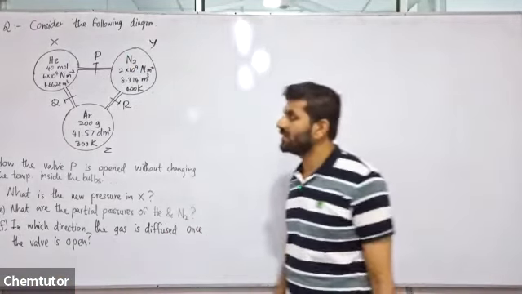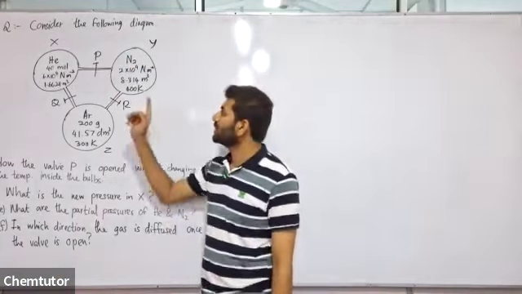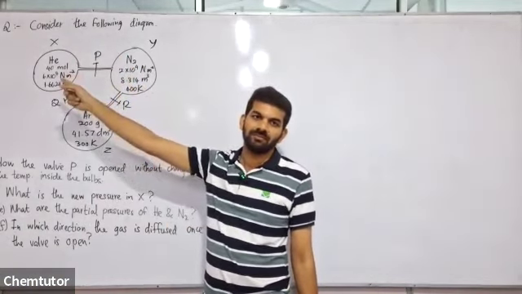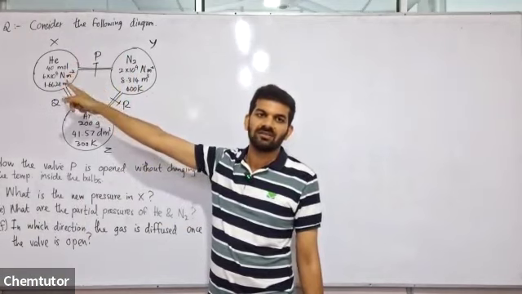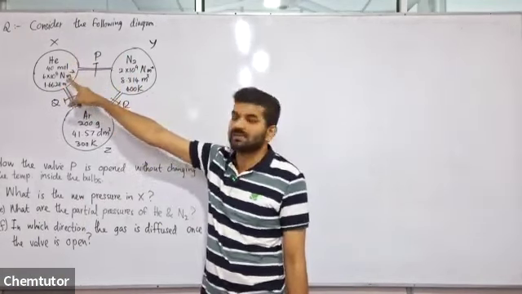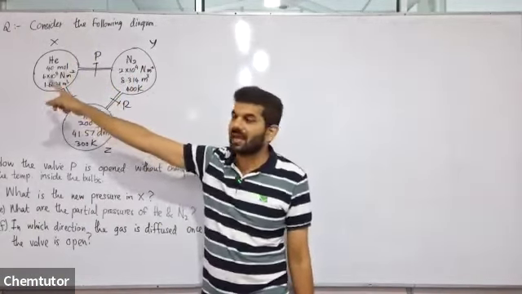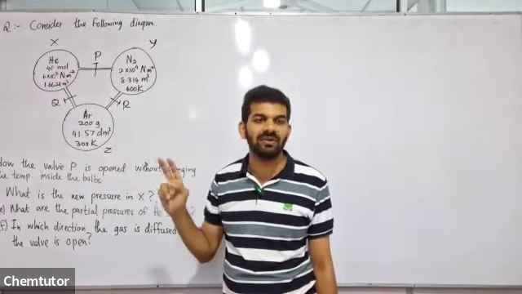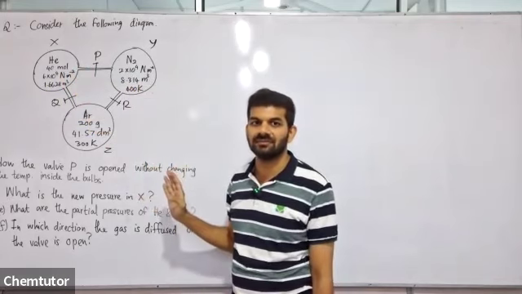So what is the high pressure over here? Here we have 2 into 10 to the power 4. Here we have 6 into 10 to the power 4. So where is the pressure higher? In X. So let's assume that the gas will be flowing from X to Y. That's just an assumption. Now we don't know whether it is exactly that.